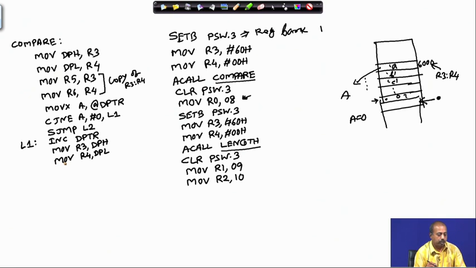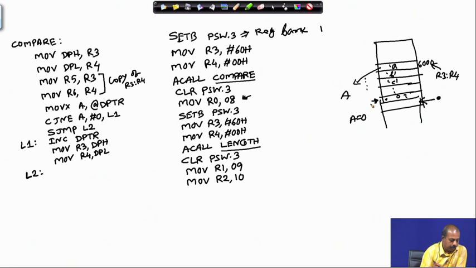So, this L2 will come here. L2 is somewhere here. Okay, so this is our L2. In L2, that means we have come to the second string. Then I need to start doing the comparison.